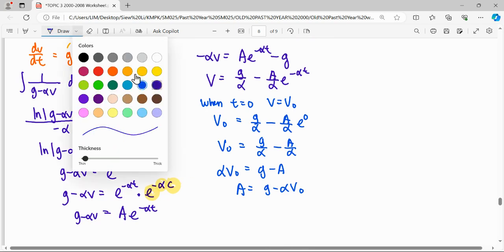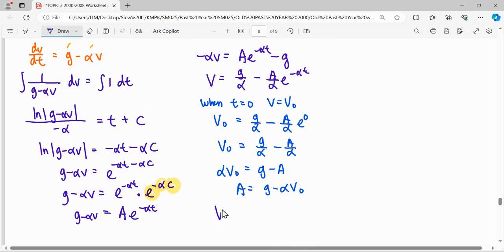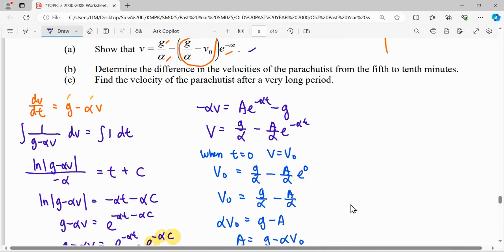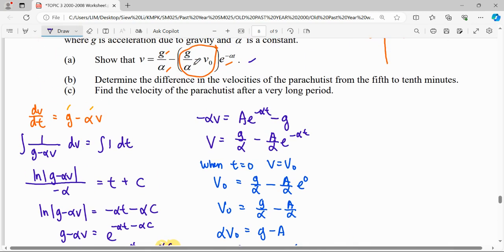Then we can substitute back into our solution. g over alpha minus a, which is g minus alpha v naught over alpha, times e to the negative alpha t. Then we simplify until we get this form of the term.